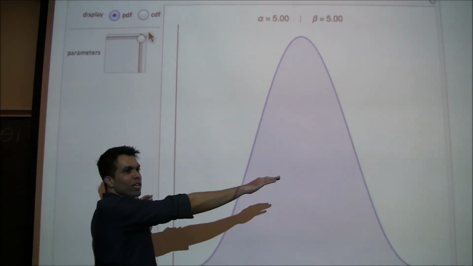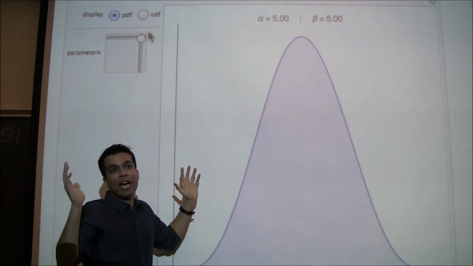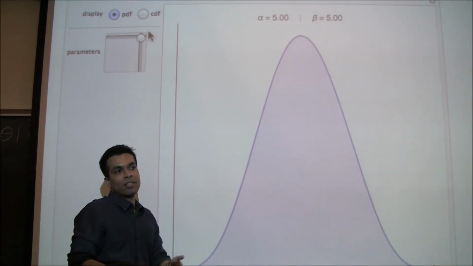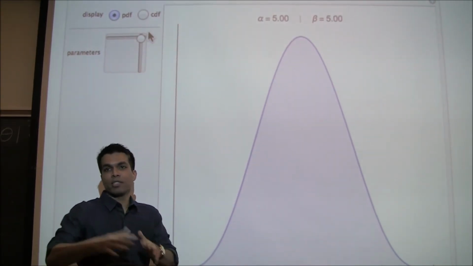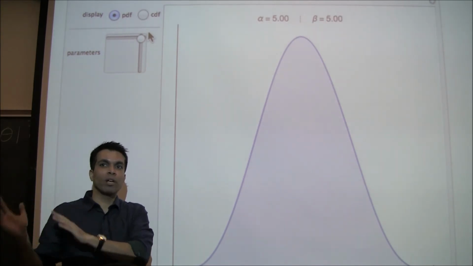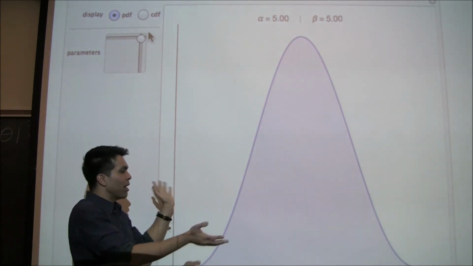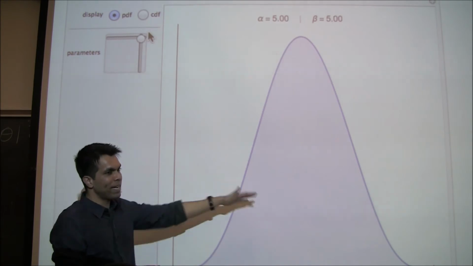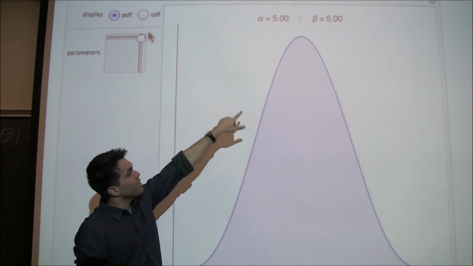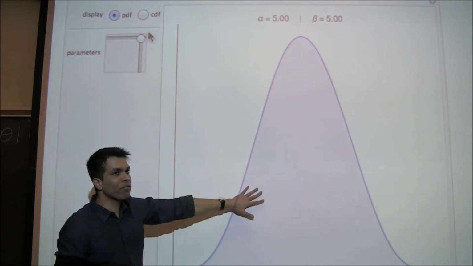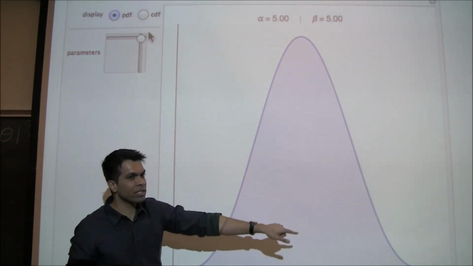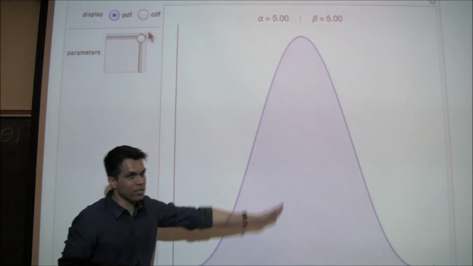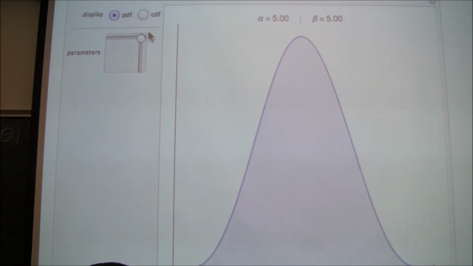So initially at 1 and 1, you don't believe anything. Anything could happen. It could be the case that the coin that you're tossing is completely biased with probability 1. It could be the case that the coin is completely unbiased on the other end, probability 0, or anything in between. As you increase those two numbers, you're seeing this is a perfectly valid distribution on this continuous space. It just has a really high belief on the 0.5 probability.